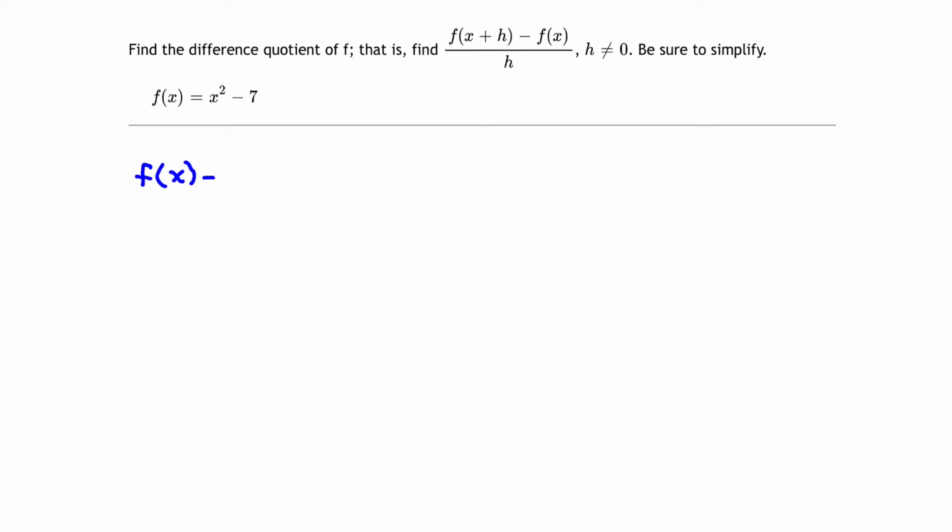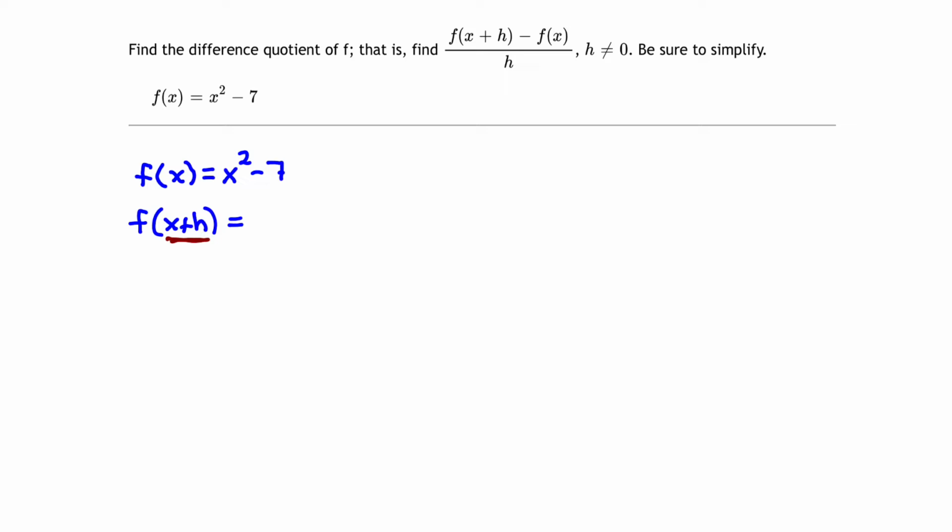So I'm going to write down f of x, which is x squared minus 7. And then I'm going to write down f of x plus h, which is simply taking x plus h and substituting it into our original function.